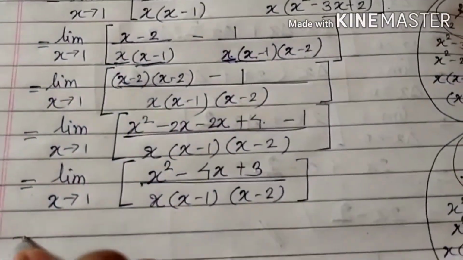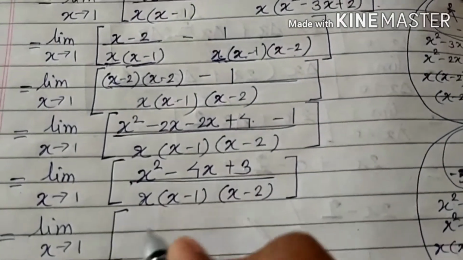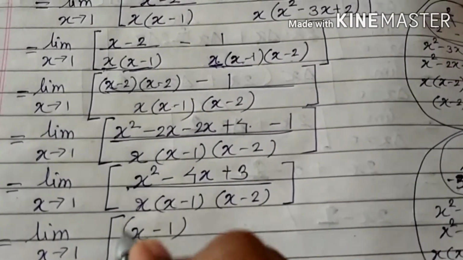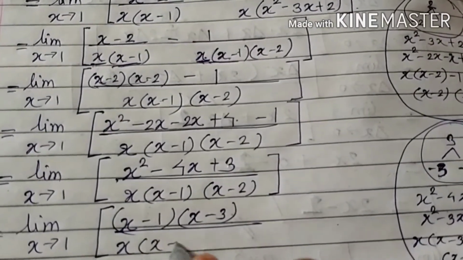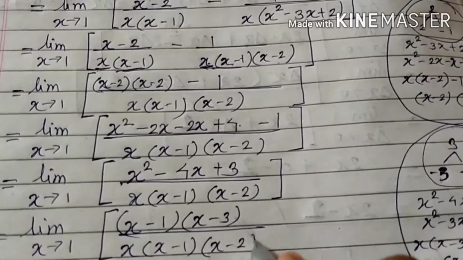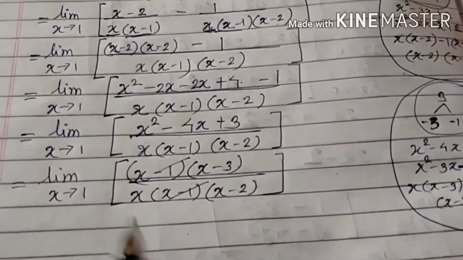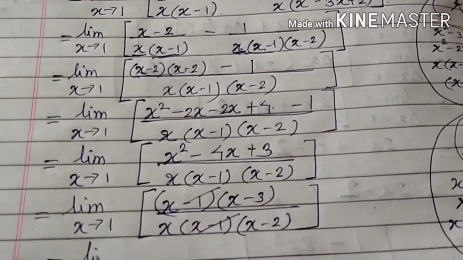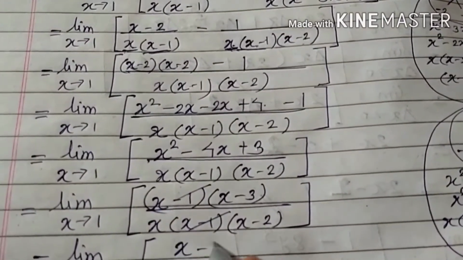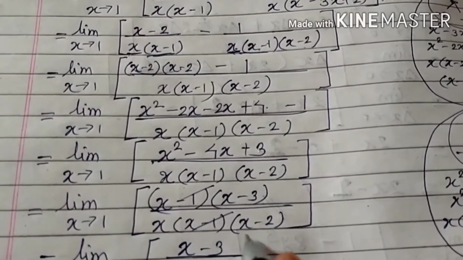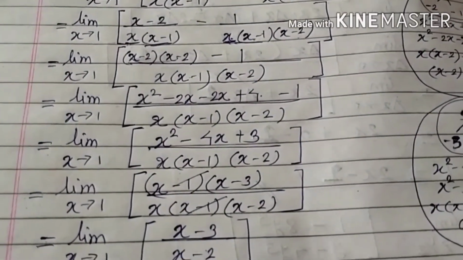So write here x minus 1 and here x minus 3 and write the denominator as it is. So x minus 1 gets cancelled, which means our factor is cancelled. So write the remaining terms and then apply the limit. One minus 3, 1 minus 2.